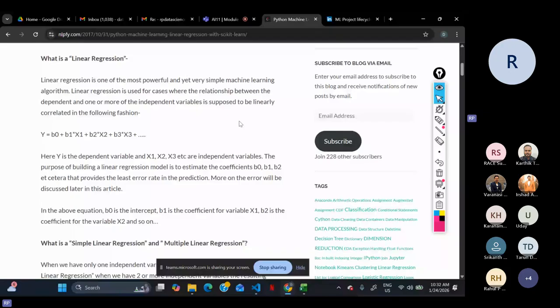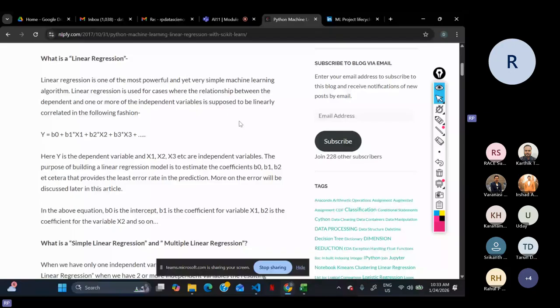B1 is slope, B0 is the y-intercept, but both are coefficients. We can also say theta 1, theta 0. So now this is linear regression. In machine learning, we can say h theta of x equals theta 0 plus theta 1 of x1. So this is simple linear regression.